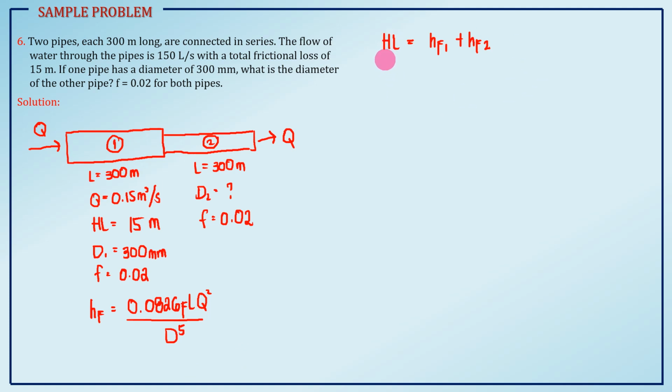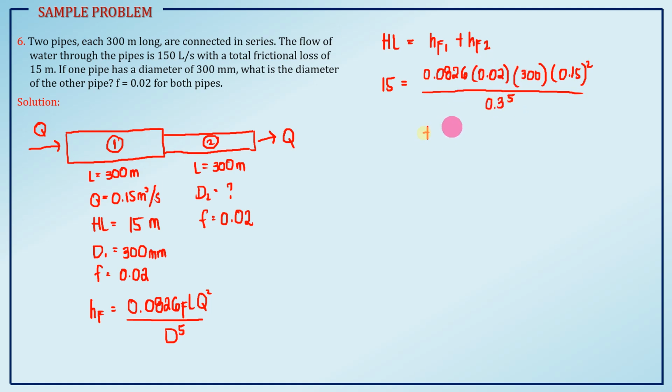So, HL total head ay 15 meters. It is equal to yung HF1 na 0.0826, F 0.02, L given 300 meters, Q 0.15 squared over diameter natin na 300 millimeters or 0.3 meters raised to 5.